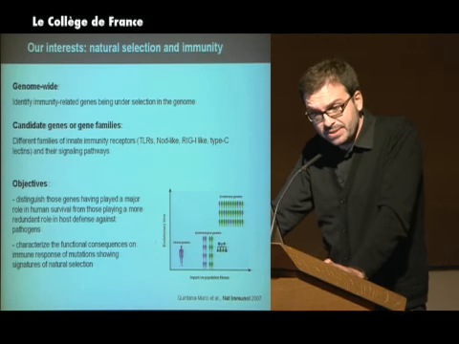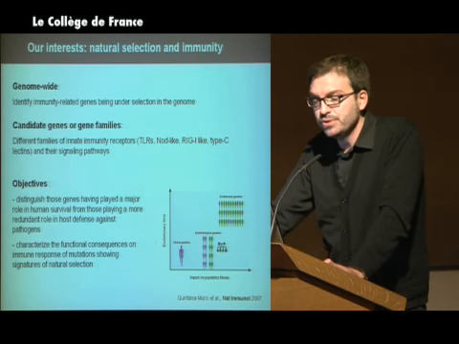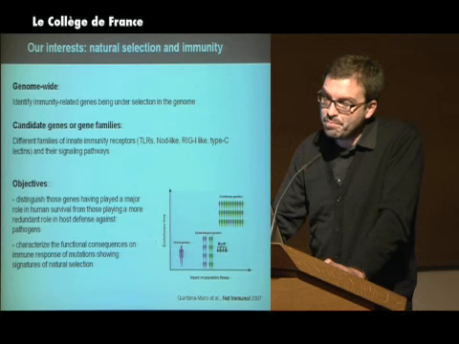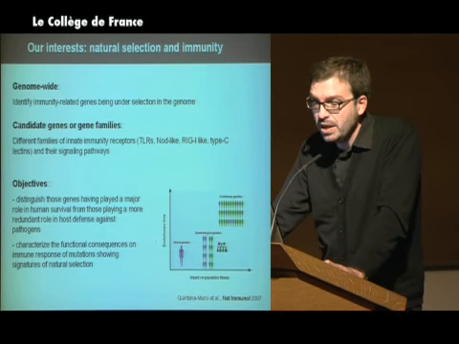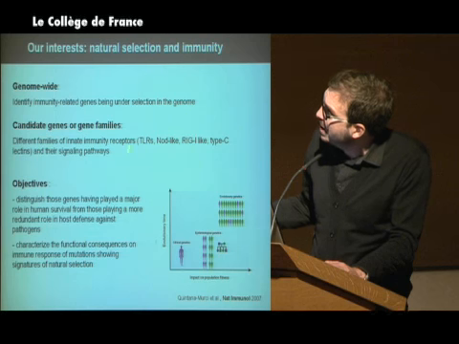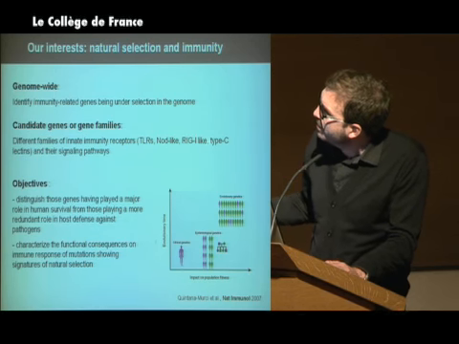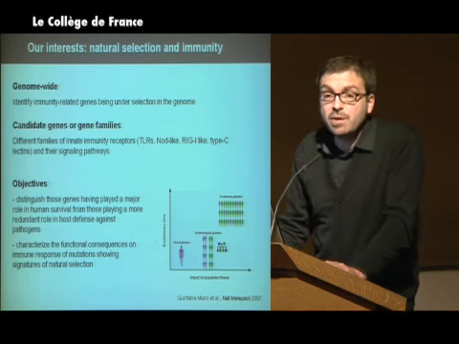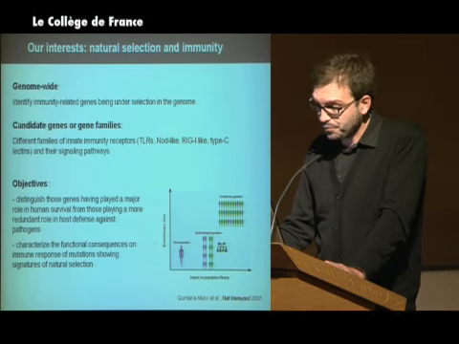We're also tackling these questions using candidate gene approaches or gene family approaches, and we are basically focusing on innate immunity receptors. I will give you an example of the Toll-like receptor family, but we're also concentrating our efforts on other families of pathogen recognition receptors and their signaling pathways.